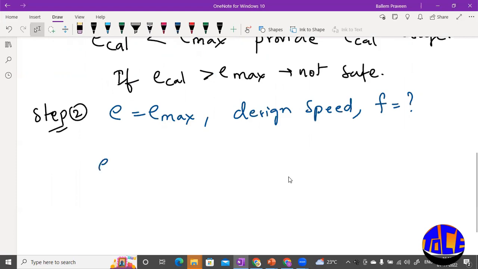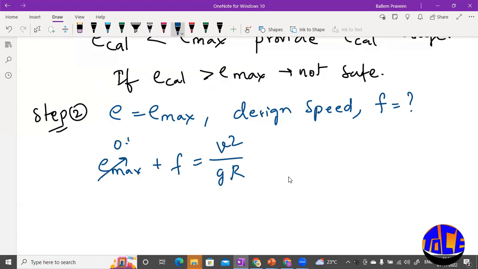Here the formula will be E max plus F is equal to V square by GR. From this, what is the E max value? It is 7%, so it will be 0.07. And from this we'll get F calculated.